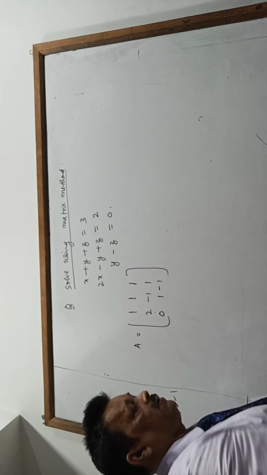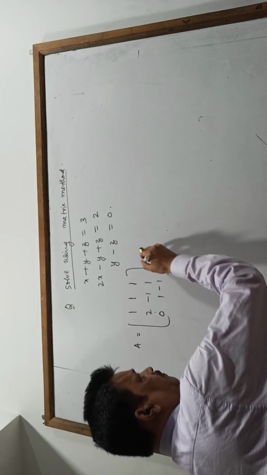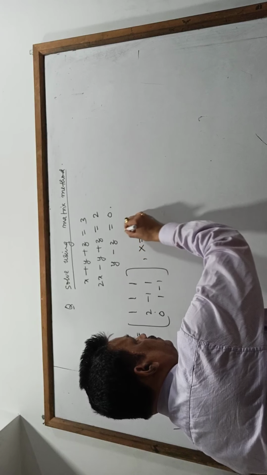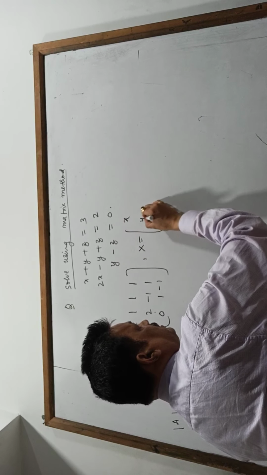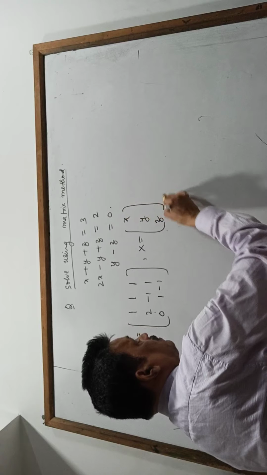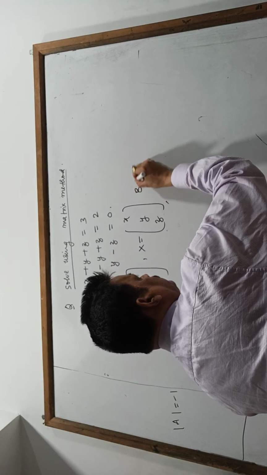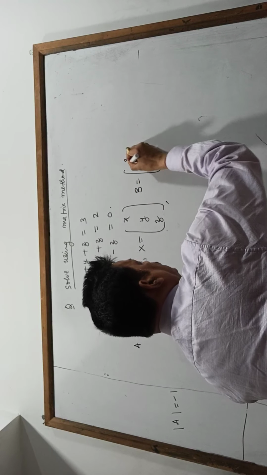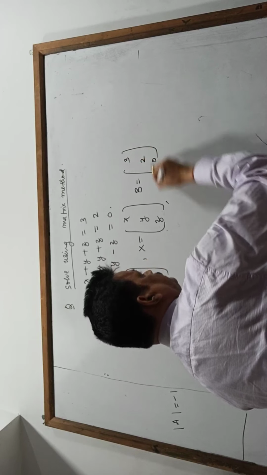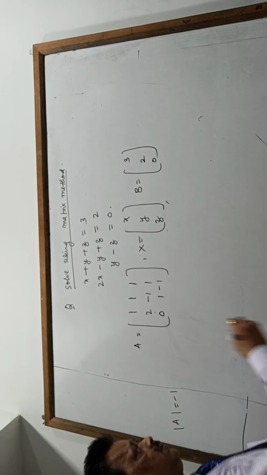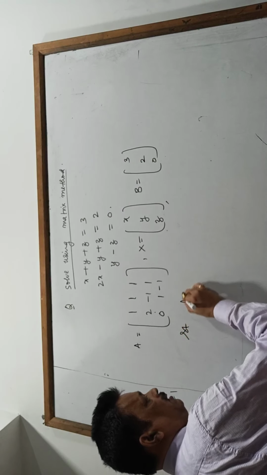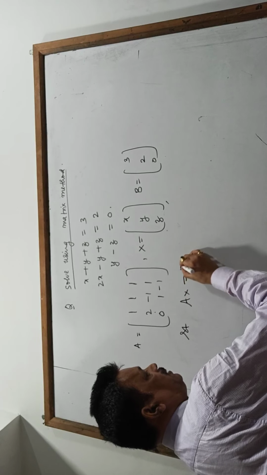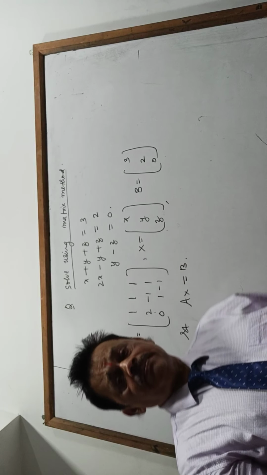This is your A. Then X equals [x, y, z]. B equals [3, 2, 0], such that AX equals B. Procedure is the same.